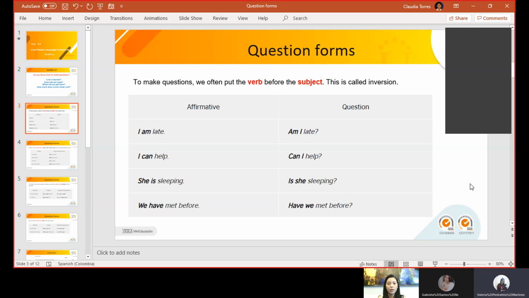She is sleeping. And then again, you switch. Is she sleeping? We have met before. Valeria or Gabriela, do you know what this grammar tense is? We have met before.